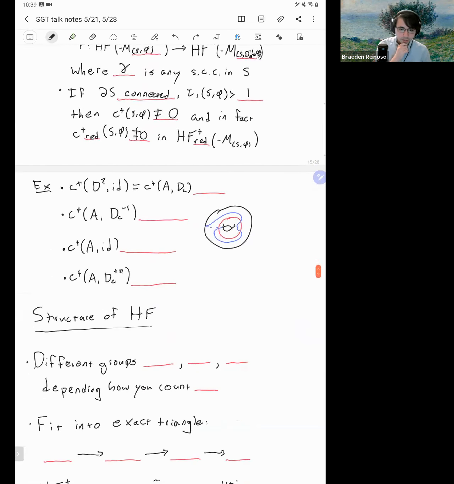As an example to wrap our heads around what the contact invariant is doing, let's look at the simplest possible open book decomposition, the disk open book decomposition for S3, which is the same thing as the annulus with the Dehn twist, because those define the same contact structure. Then this invariant is non-zero.